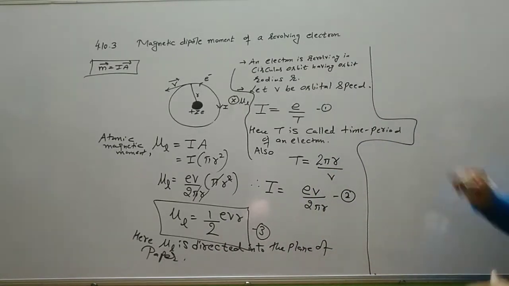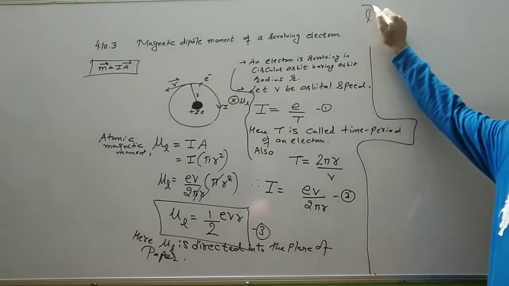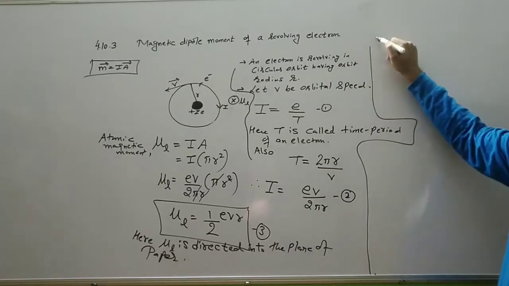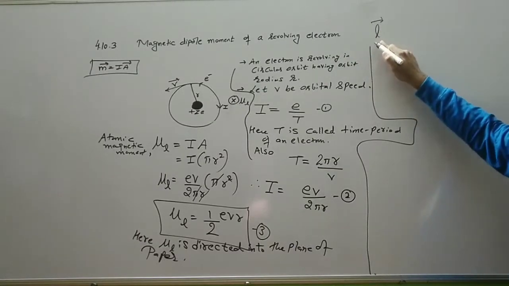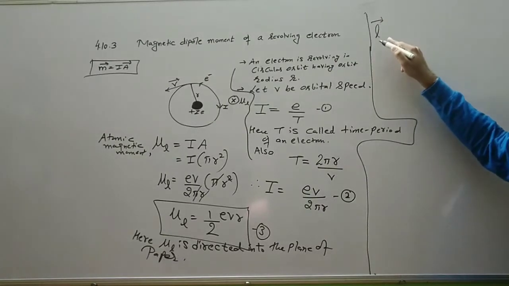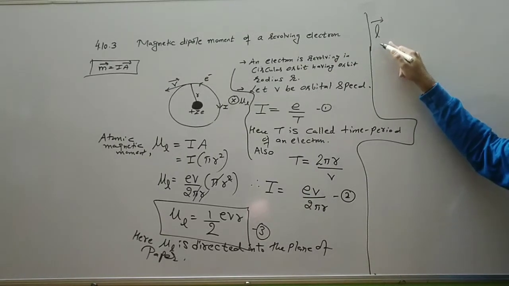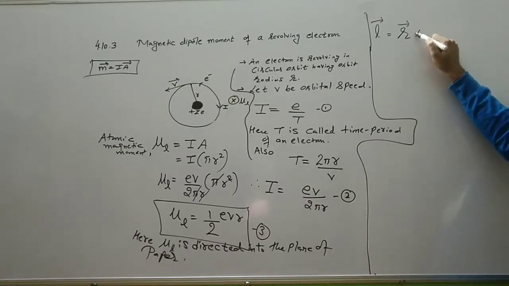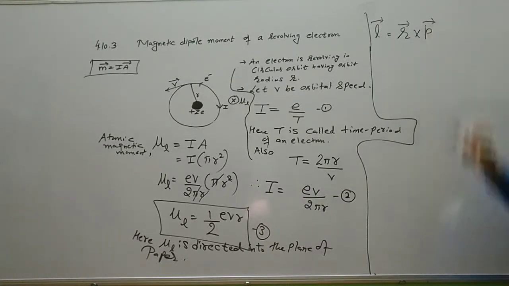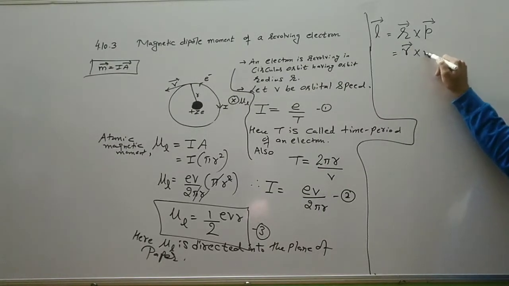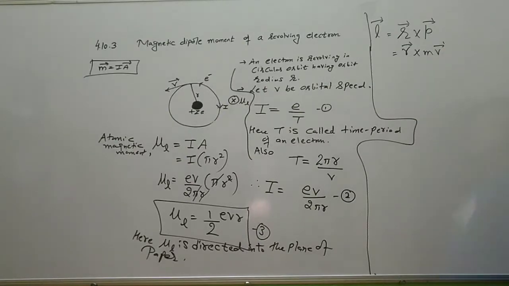Let us denote the angular momentum by small l. So small l is the angular momentum of an electron. If we have the angular momentum of the system, we denote it by capital L. So we know this formula, that is L vector is equal to r cross p. p is the linear momentum, so this is r cross m into v.